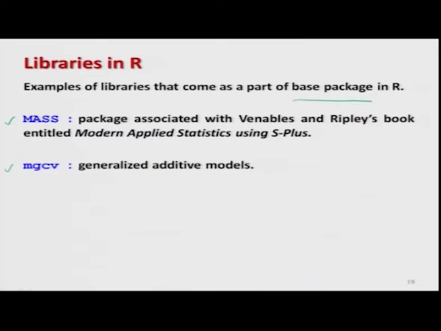The MASS package contains various types of data sets and other tools related to the book Modern Applied Statistics with S-PLUS, written by Venables and Ripley. That was a book about the software S-PLUS, in which they used different types of data sets and commands, and this library contains all those commands.